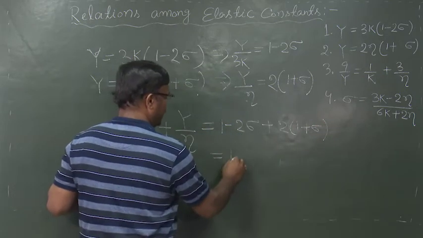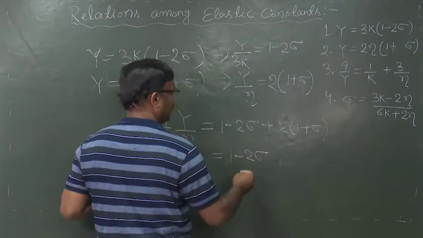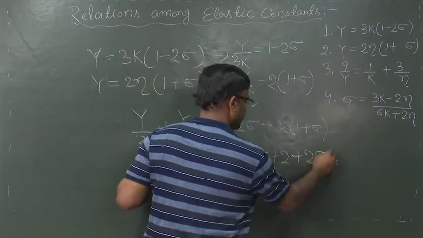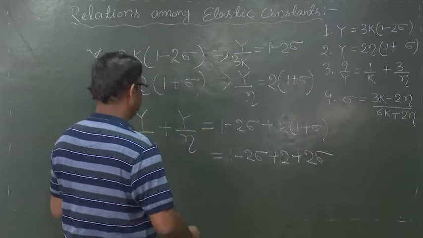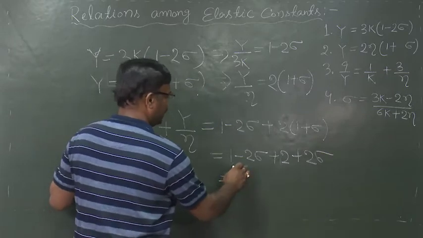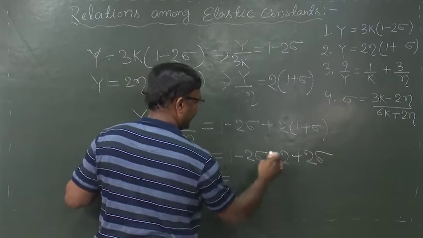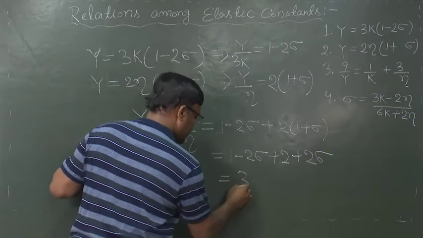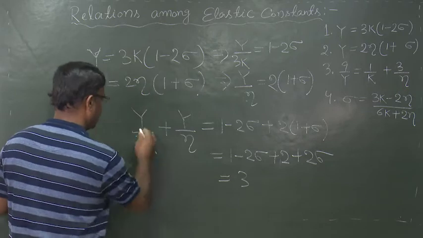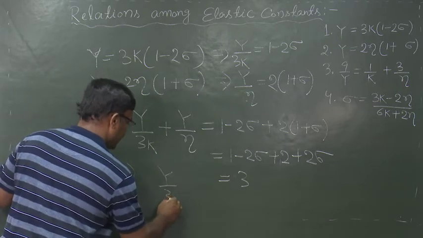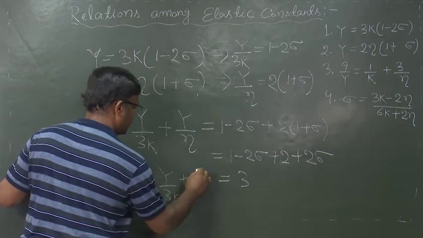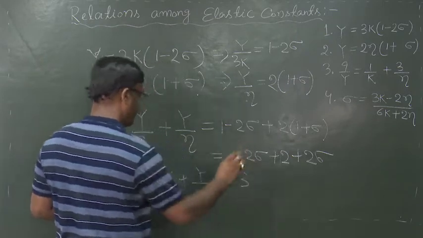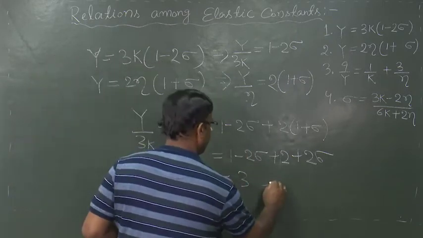On expanding we can write this as 1 minus 2 sigma plus 2 plus 2 sigma. So plus 2 sigma and minus 2 sigma get cancelled. This is 2 and this is 1, so it is 3, which implies Y by 3K plus Y by eta is equal to 3.